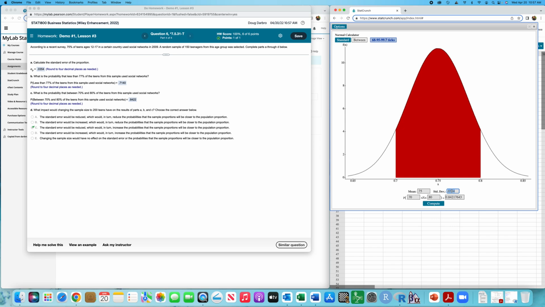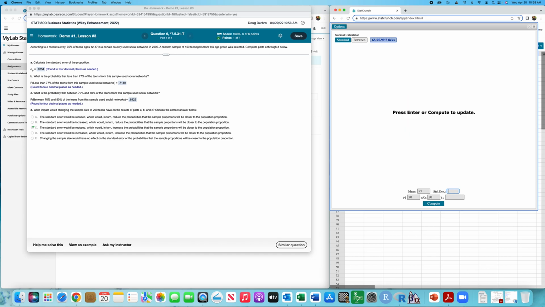If we change the standard error from 0.0354 to 0.0306 and calculate for 70 to 80%, oops, got one too many decimals in there.